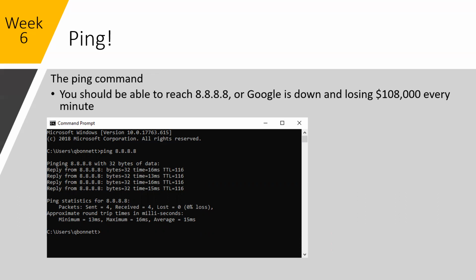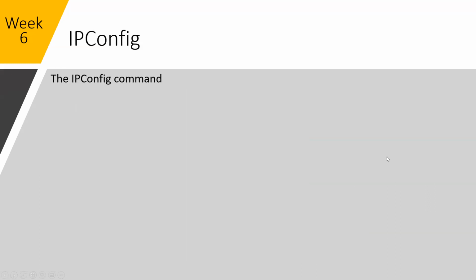So I always set my home printer to a static IP address, so I'm not trying to find it, and it doesn't move around in my configuration all the time, because it's really frustrating when it does. So ping is something that you can use on any network. Any Windows computer has that ability.